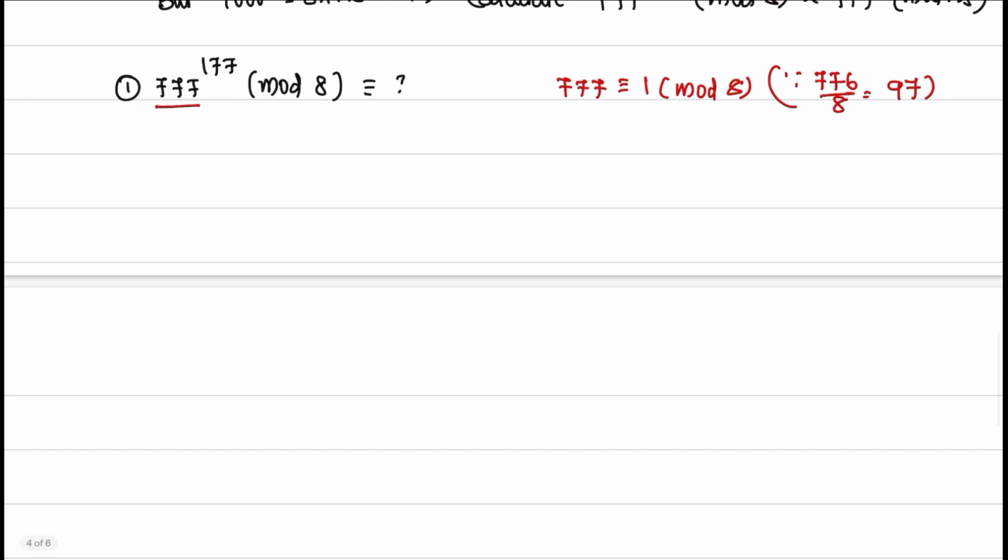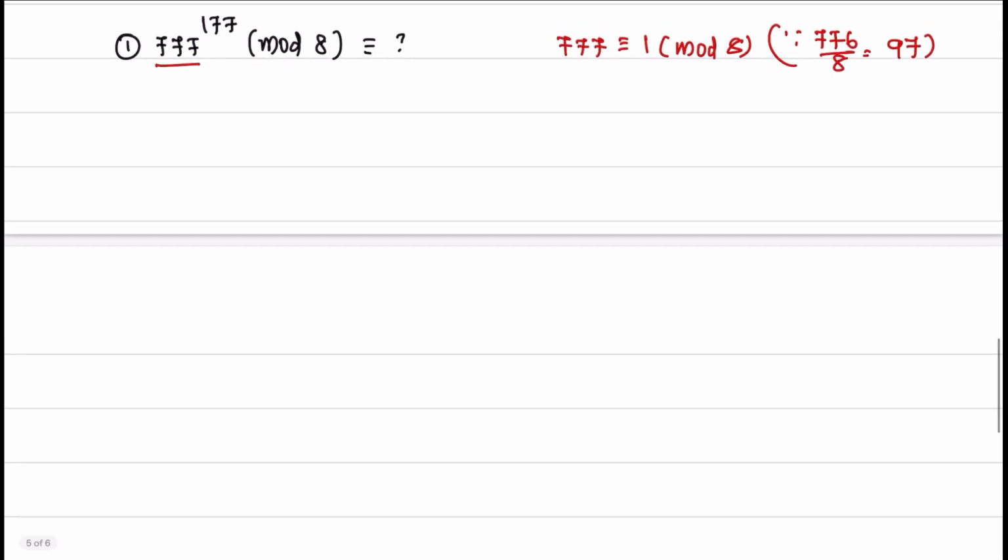Now, what is the next step? We have to find out 777 to the power of 177 mod 8. 777 is 1 mod 8, that means 1 to the power of 177 mod 8.